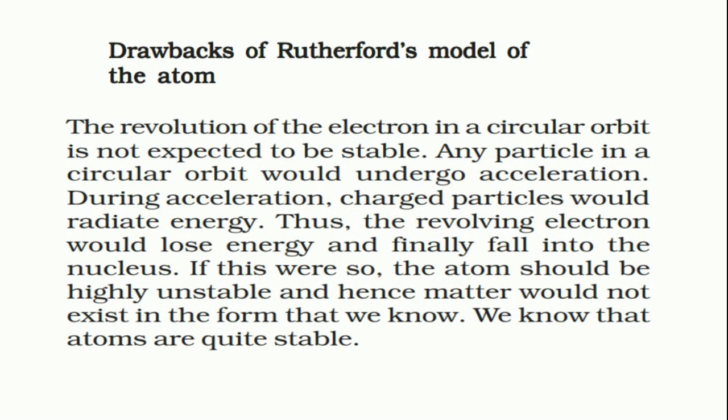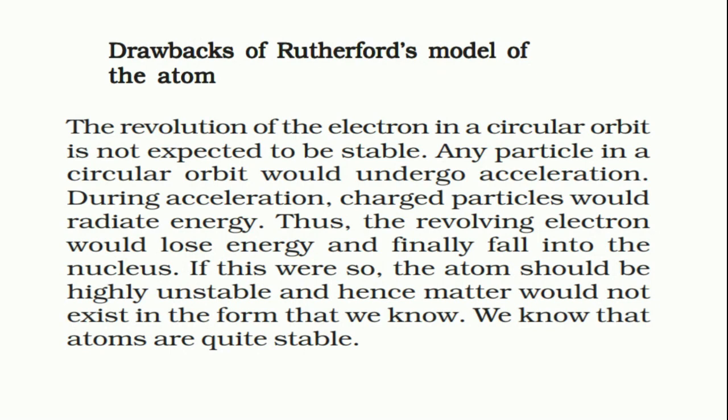During acceleration, charged particles would radiate energy. Thus, the revolving electron would lose energy and finally fall into the nucleus. If this were so, the atom should be highly unstable and hence matter would not exist in the form that we know. We know that atoms are quite stable.